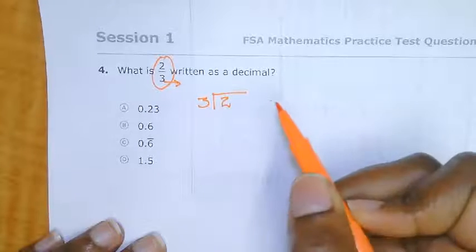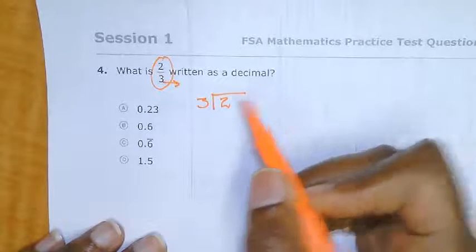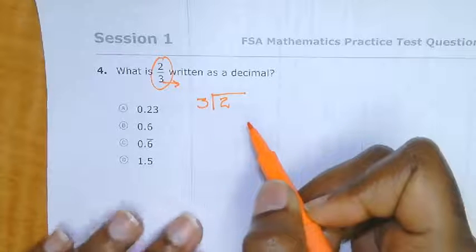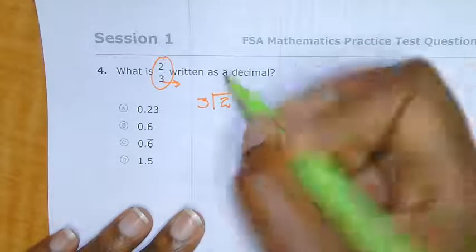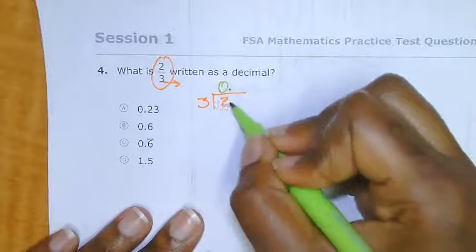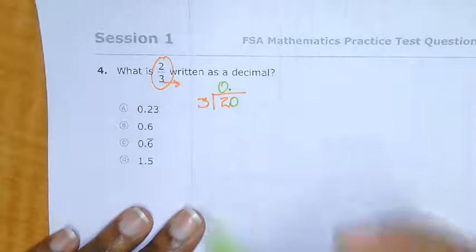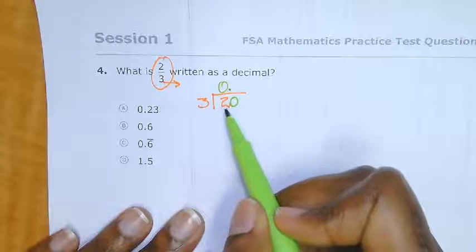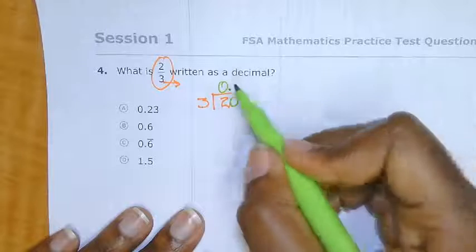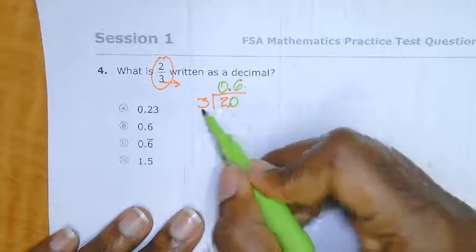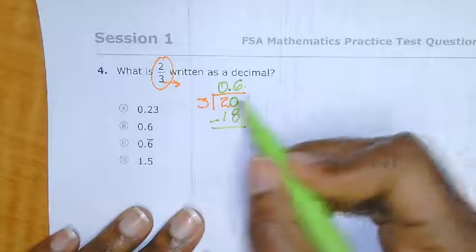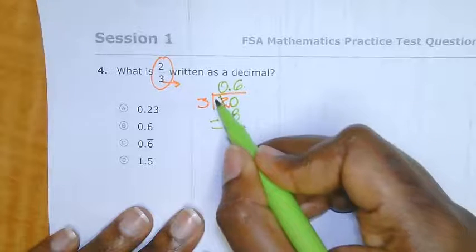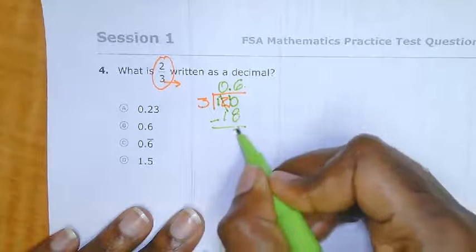So we're dividing 3 into 2. Can we get 3 from 2? No. So we put our point and add a 0. How many 3's can I get from 20? Alright, 6. 3 times 6 is 18. And we subtract. Borrow 1. So 8 from 10 we leave 2.